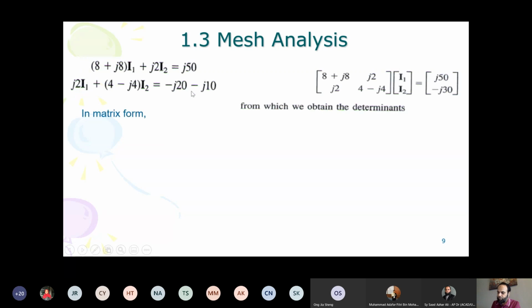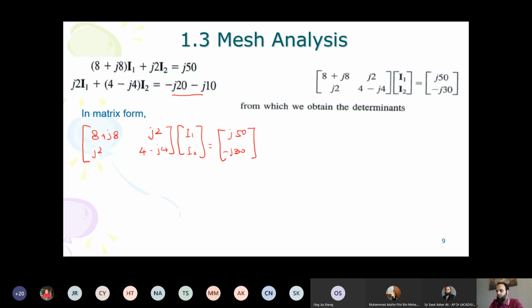first equation, second equation in matrix form, just to do one more time with you guys. 8 plus j8 and j2 for I2, j2 for I1 and 4 minus j4 for I2, I1, I2 equal j50 minus, it should be minus j30, minus j30.